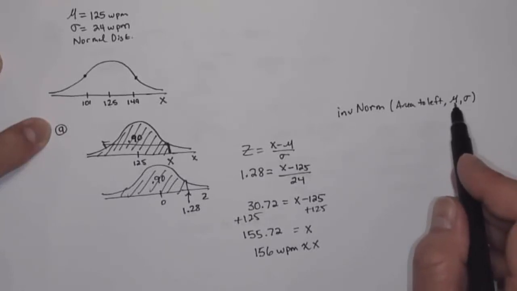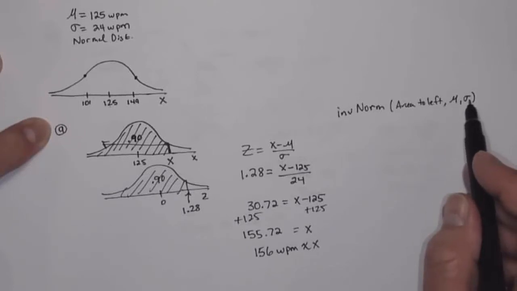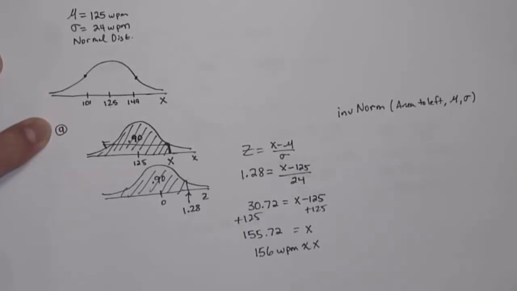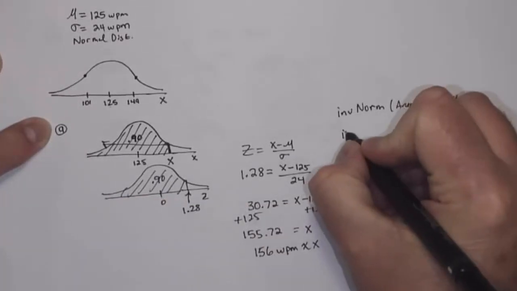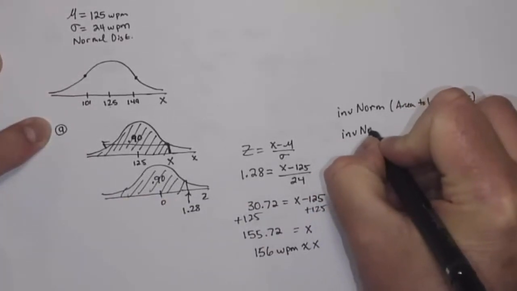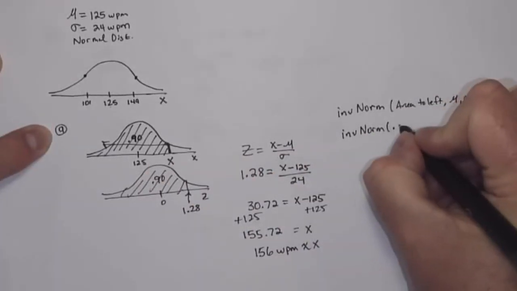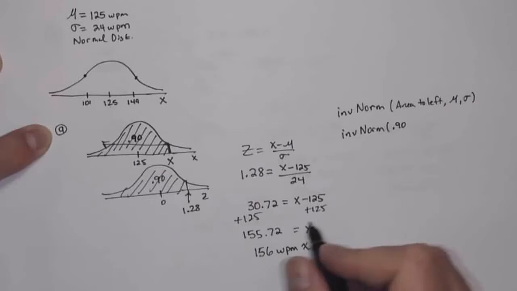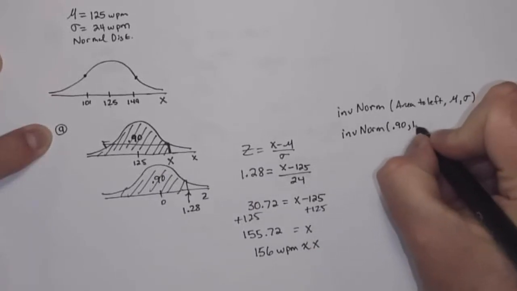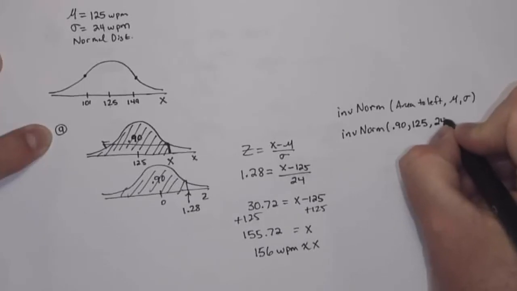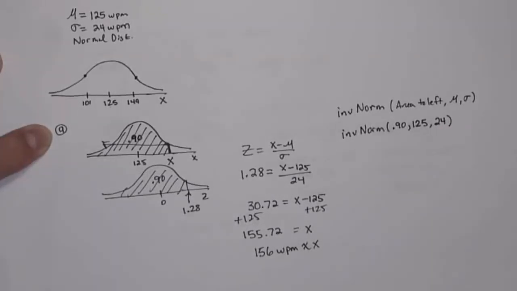But in this case, we can use our mean, 125, and our standard deviation, 24, and the calculator will do the work for us. So, for example, in this case, we're going to do inverse norm. Our area to the left for part A was 0.90 because we're at the 90th percentile. Our mean was 125 and our standard deviation was 24.